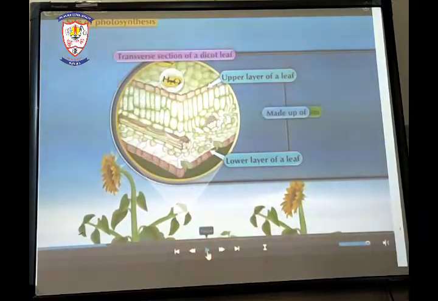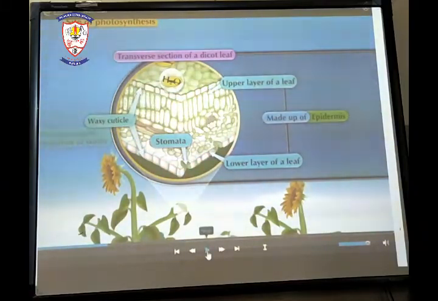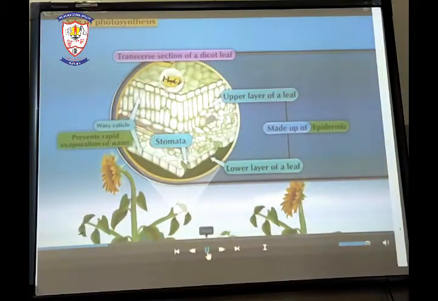Now we can understand that the upper layer of the leaf and the lower layer of the leaf are made up of epidermis. Epidermis is the region you will find on the surface of the plant leaf. In the lower layer of a leaf, stomata are situated, and on both sides there is a covering called waxy cuticle.